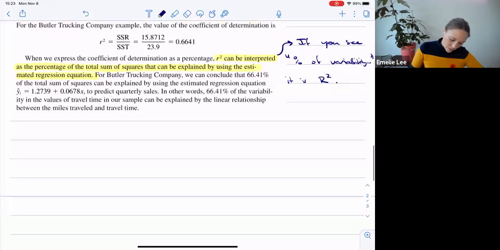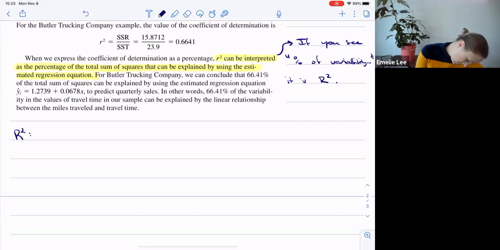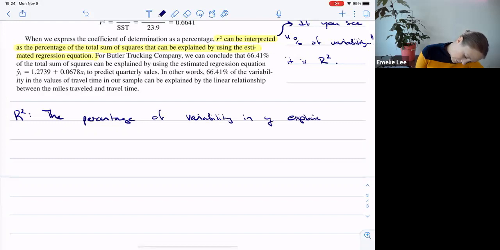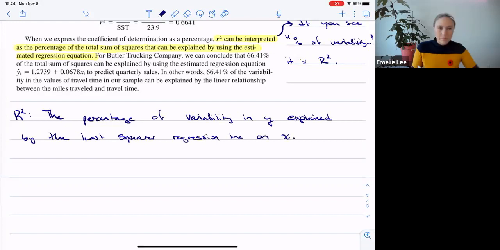But technically R squared is the percentage of variability in Y explained by the least squares regression line on X. Okay.